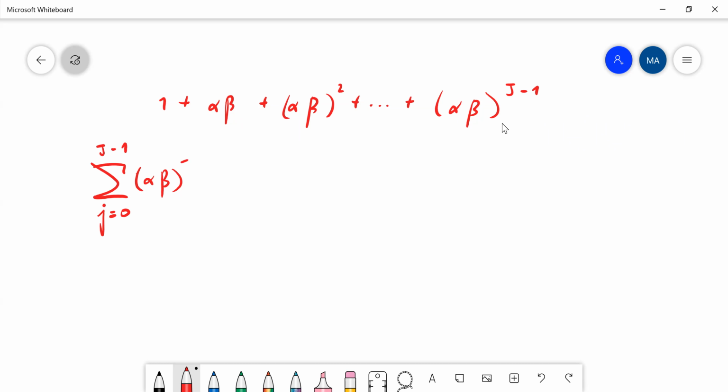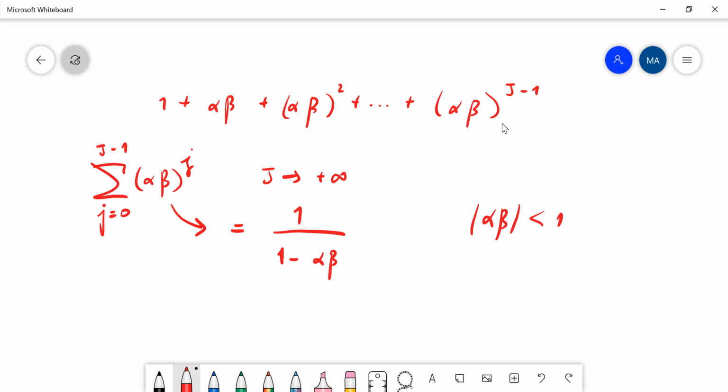So if j goes to positive infinity, then this sum is going to go to 1 over 1 minus alpha beta. What's the condition for that? The condition is this is less than 1. Is this less than 1? Yes, because alpha is between 0 and 1, and beta is between 0 and 1.